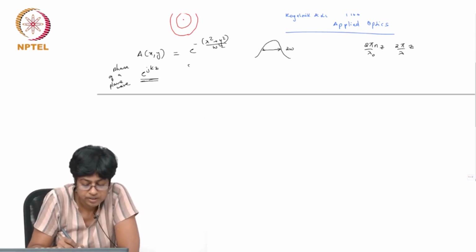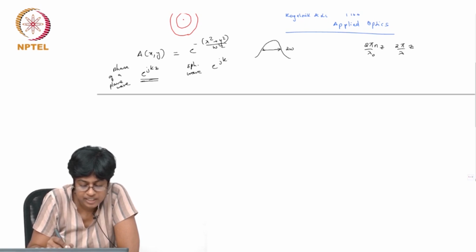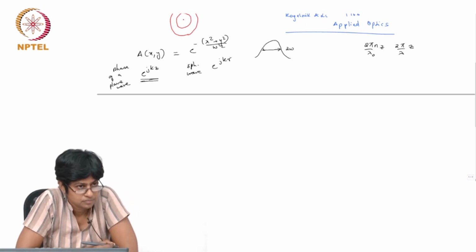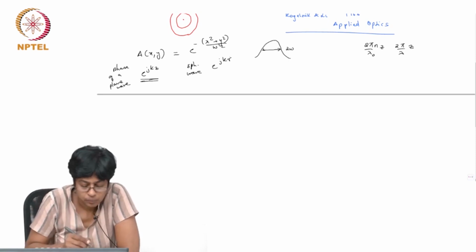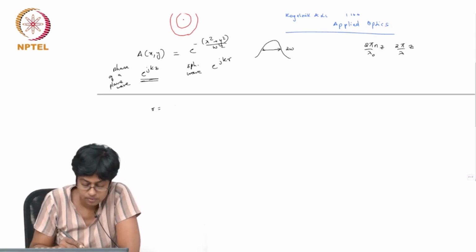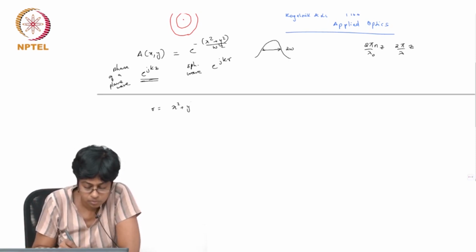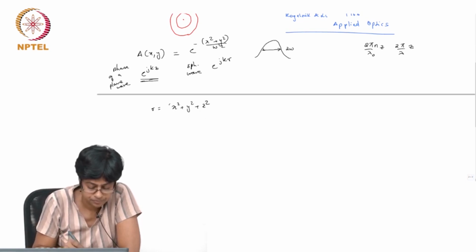If I was looking at a spherical wave, I would have jkr, right, where r is x squared plus y squared plus z squared.